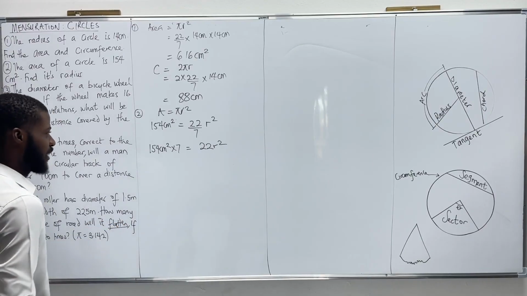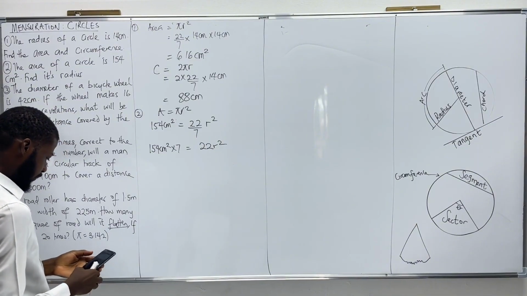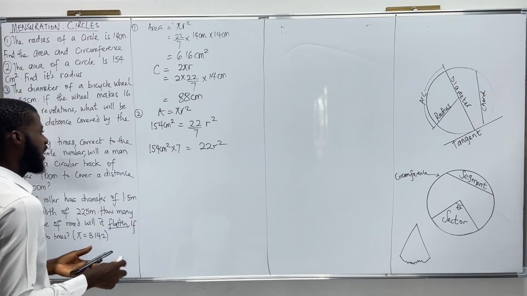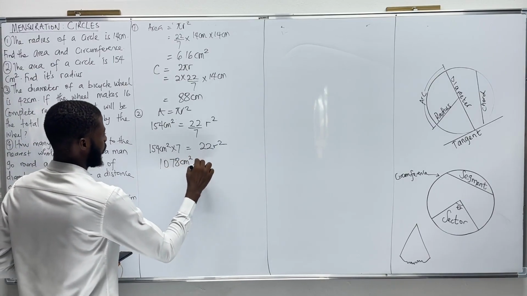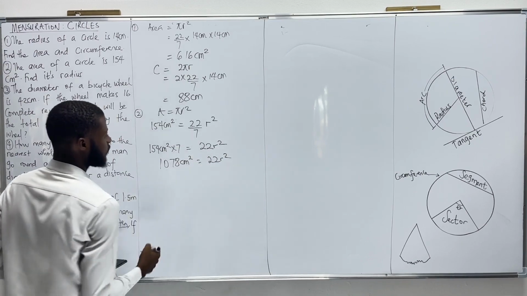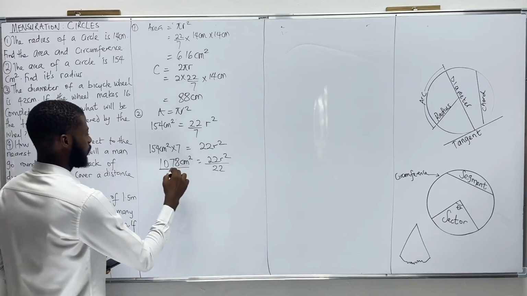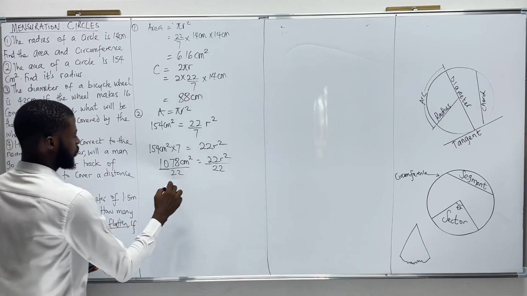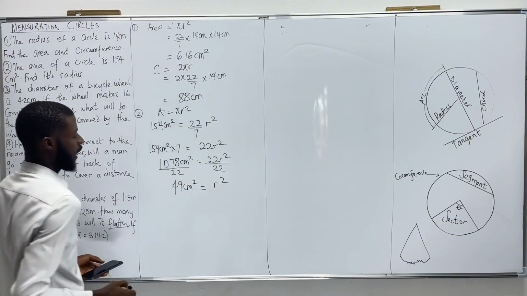Of course, I need to use a calculator for this. 154 times 7, so that's 1078, equals 22 r squared. The next thing we're going to do is divide by 22. So this will give 49 centimeters squared equals r squared.